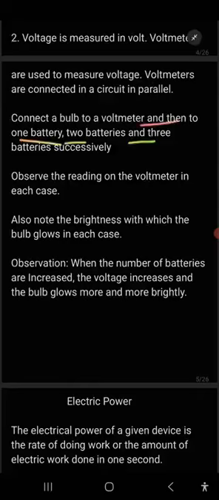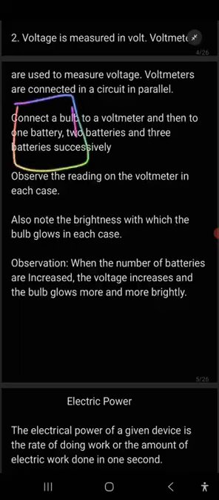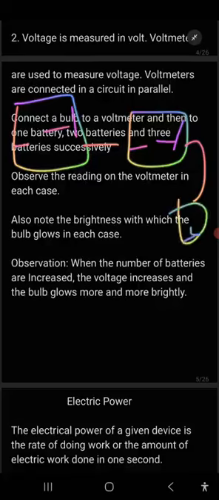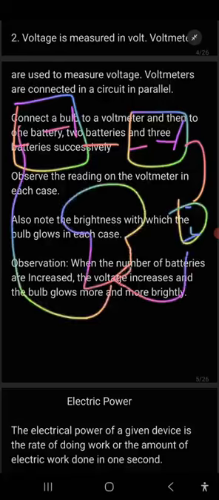One battery, two batteries, three batteries successively, like the case I just showed you. You can increase the batteries like this. And then there's a bulb here, then it goes here, this will come here, and there's a voltmeter here.